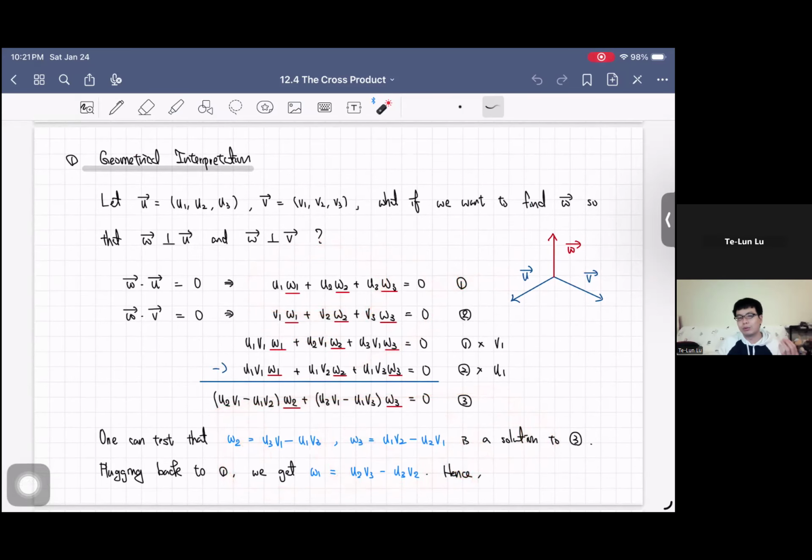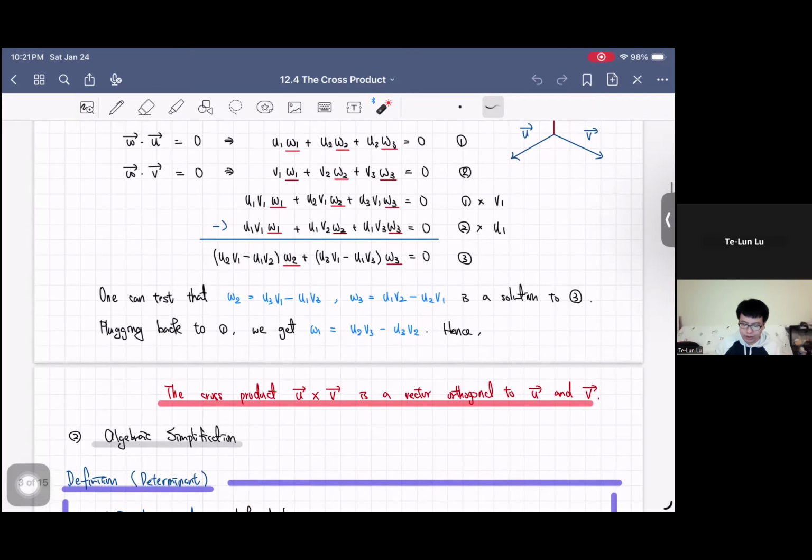So this W1, W2, W3 is just a standard way to represent this kind of orthogonal vector, right? Basically, the cross product is just a vector that is orthogonal to U and V, which is a particular combination of U1, V1, U2, V2, and U3, V3.